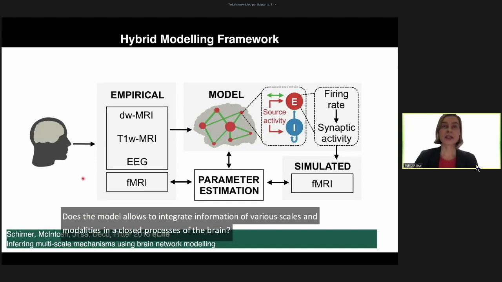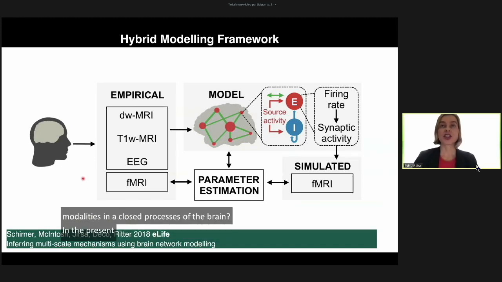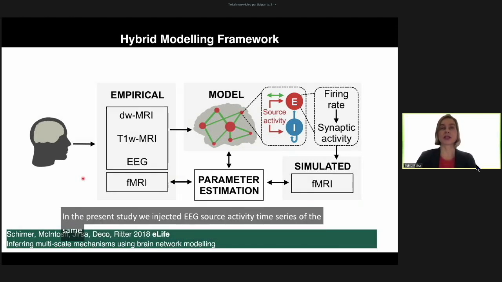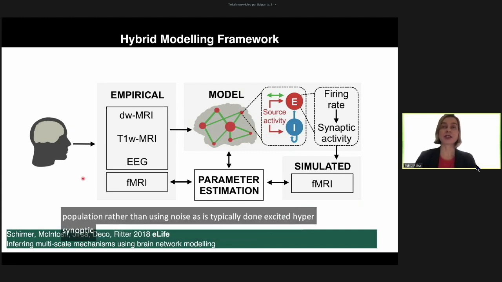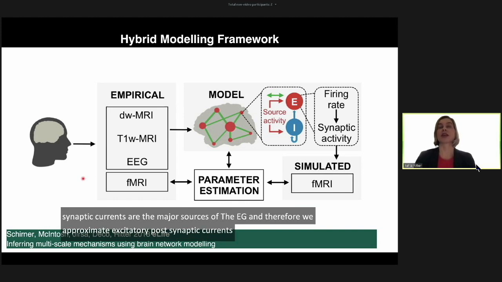In the present study, we injected EEG source activity time series of the same subject to mimic the input currents that drive a neuronal population, rather than using noise as is typically done. The excitatory postsynaptic currents are the major sources of the EEG, and therefore we approximate excitatory postsynaptic currents on the basis of EEG source activity.